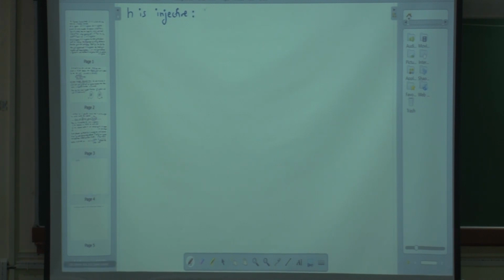So suppose A1 and A2 belong to A and H of A1 is equal to H of A2. So now what can happen? You tell me, what can happen about A1 and A2?